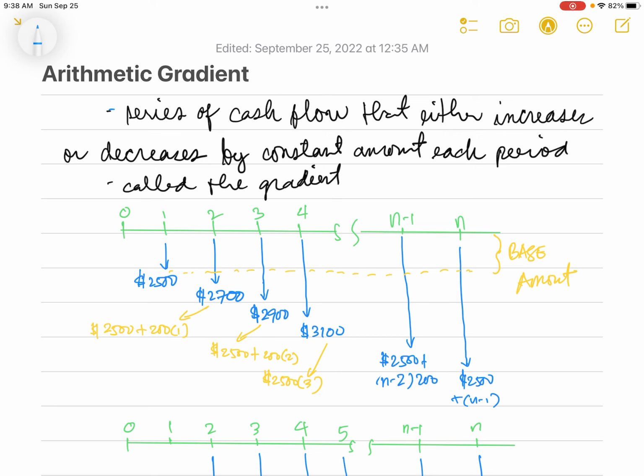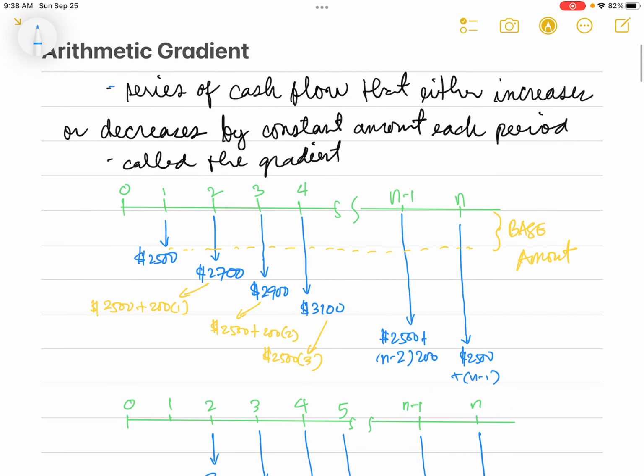In other words, compared to our previous discussion, where A is uniform and equal all throughout the interest period, here we have an amount that increases at a constant rate, by a constant amount each period, and we call that again a gradient.